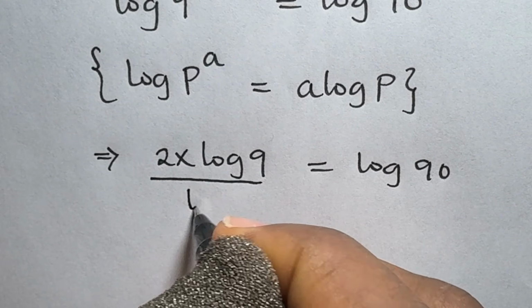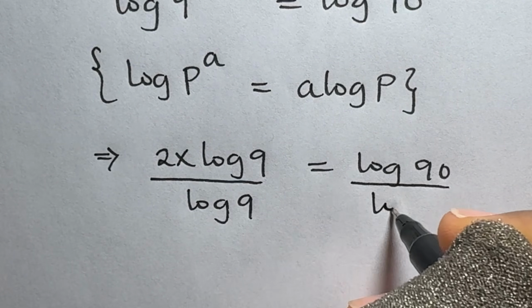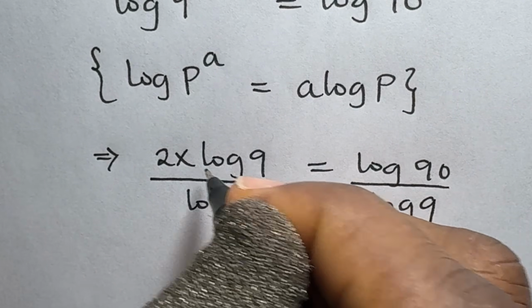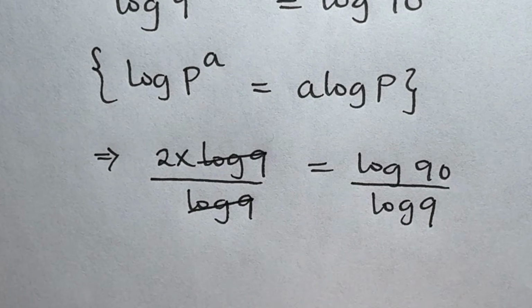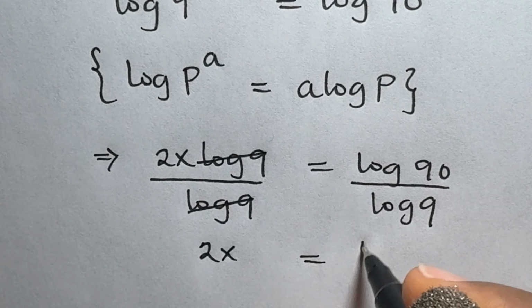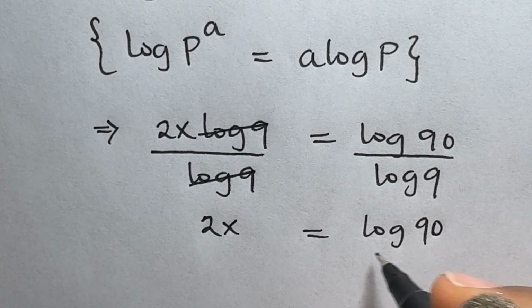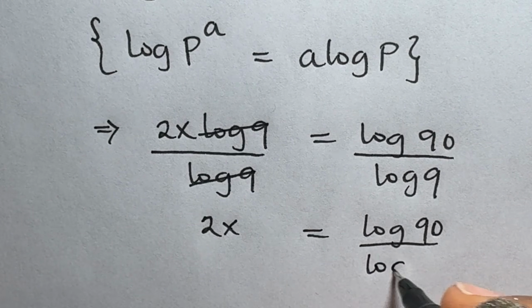Divide both sides by log 9. Then we would have 2x is equal to log 90 divided by log 9.